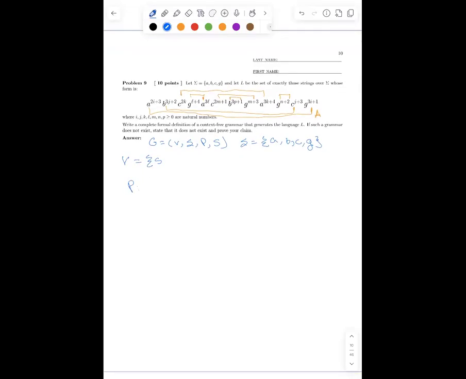And I start by writing the context-free grammar. I see that my S state will start with two A's, S, and then I have G, G, and G that comes from the power of 3 here.